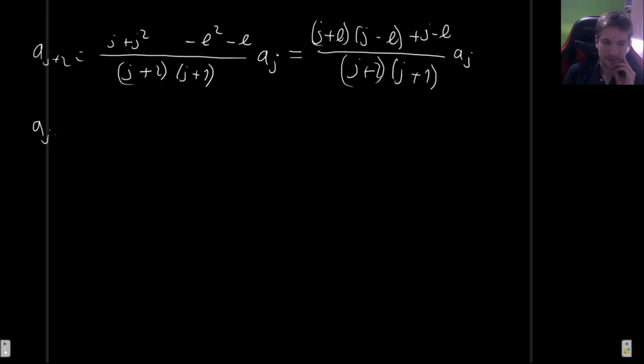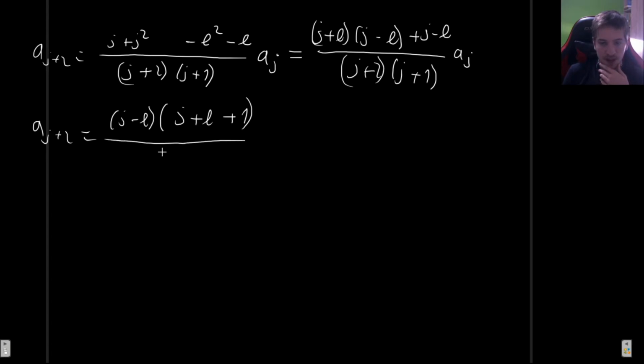Because now we can factor by j minus l, since j minus l multiplies both j plus l and also 1. So we get (j minus l) times (j plus l plus 1). This is much more intuitive for seeing the pattern and what's going to happen with these terms.